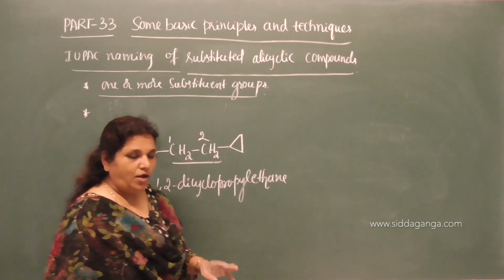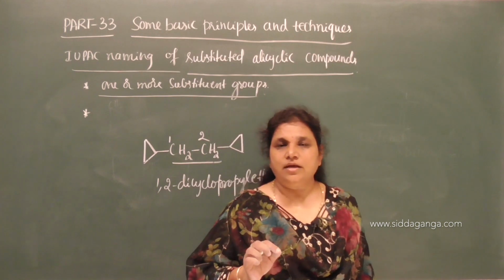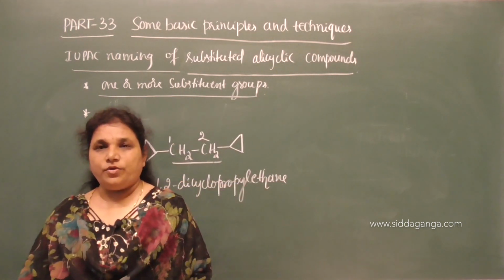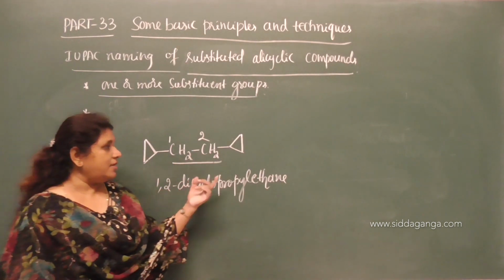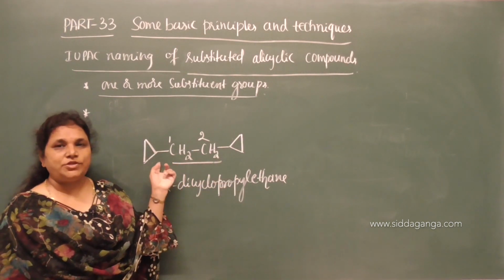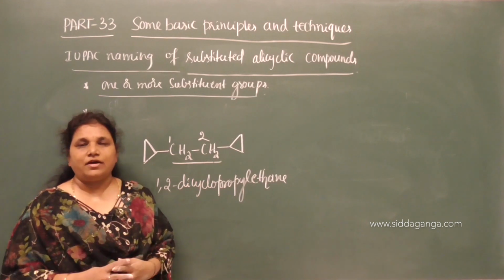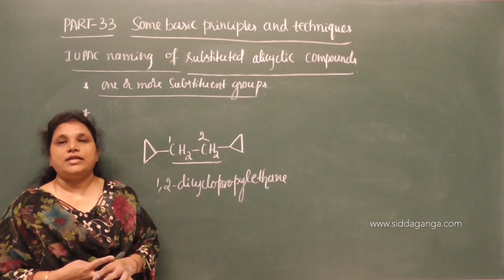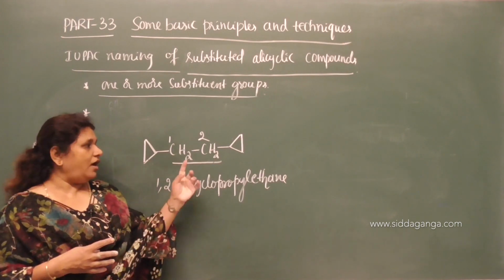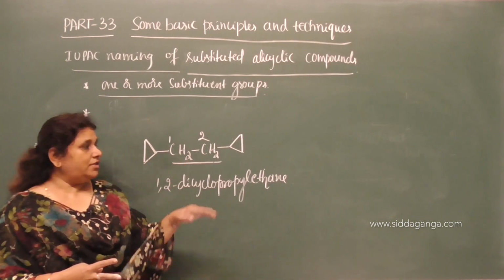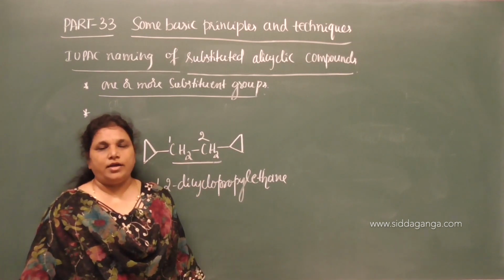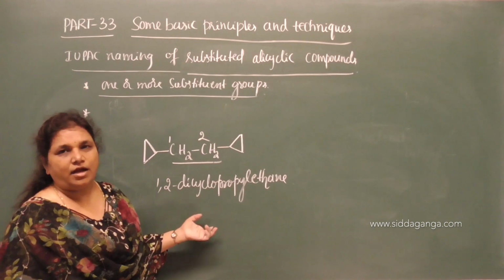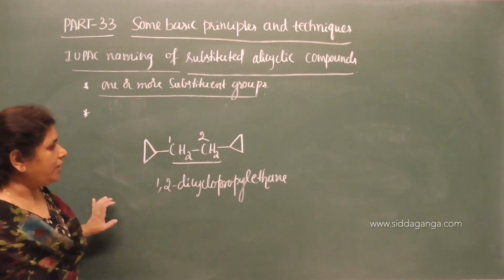But still, what the IUPAC rule says is, irrespective of the size of the alicyclic ring, we have to name such compounds as an alicyclic substituted alkane if a given organic compound has two alicyclic rings attached to the alkane chain. So, this is one more rule under IUPAC naming of substituted alicyclic compounds. Okay. Now, move on to the next one.